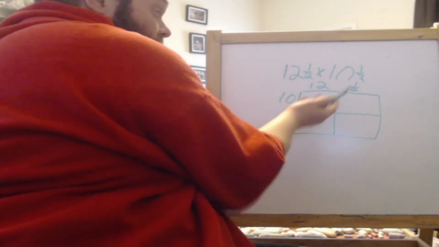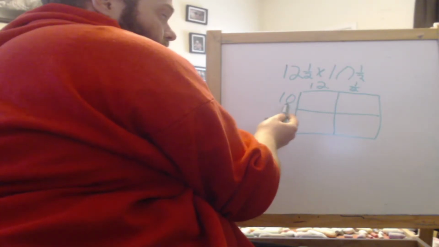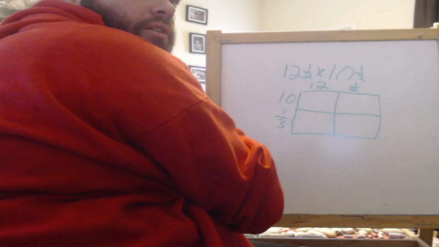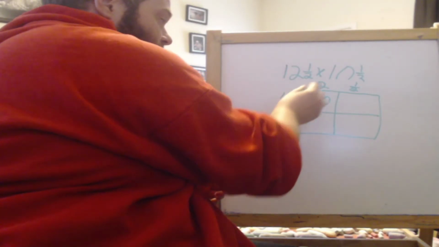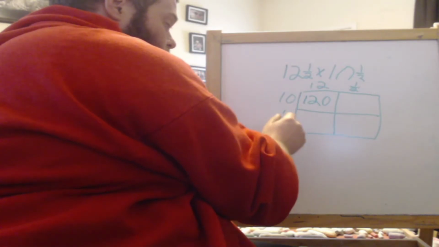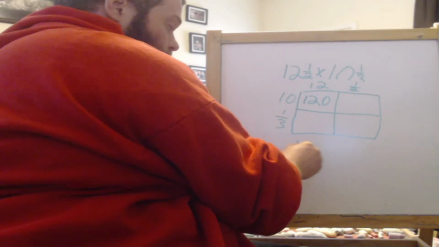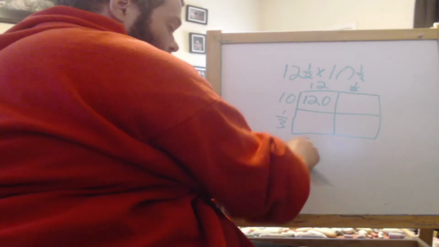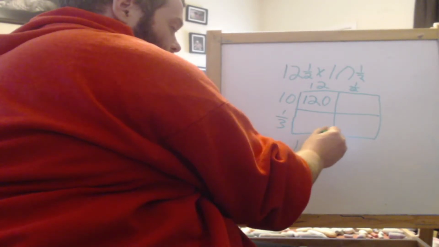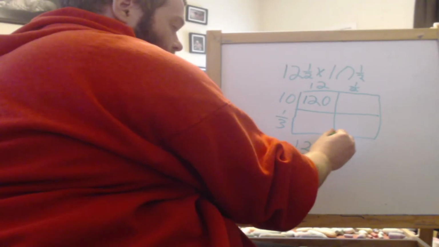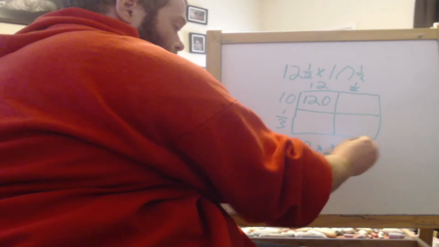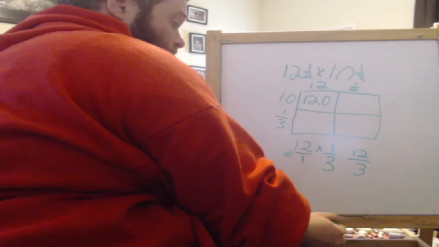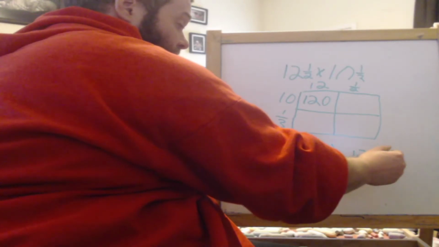So now we just multiply, right? 10 times 12, I know, is 120. I can just add a 0. 12 times 1/3: 12 over 1 times 1 over 3 equals 12 over 3, which is the same as 12 divided by 3.